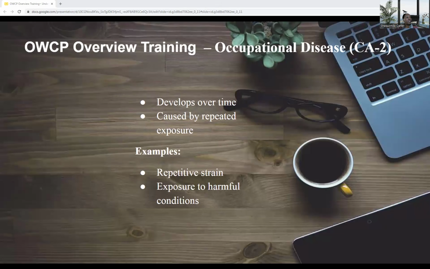All right, and the other form is the CA2. These injuries normally develop gradually, often due to repeated tasks or environmental exposure. Again, it develops over time and is caused by repeated exposures, for example a repetitive sprain or exposure to harmful conditions.